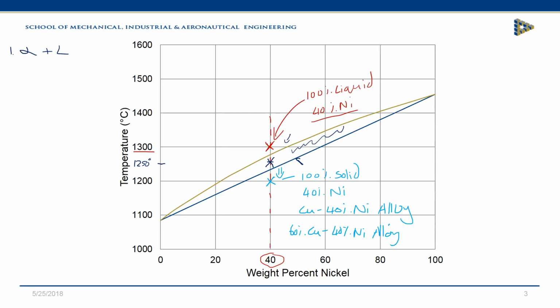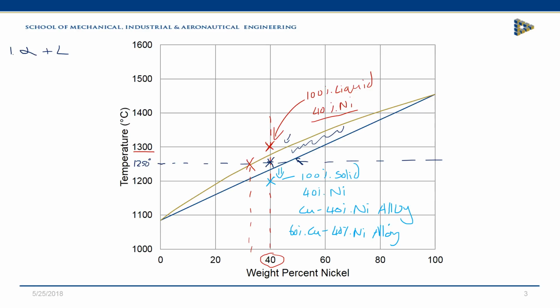And the way that I find that out is that I draw a tie line. So I go across here at 1,250 degrees. I draw it all the way across here. And then I see at what point does my line cross my liquidus curve. And I say, okay, cool, it crosses it here. And I take a point down.